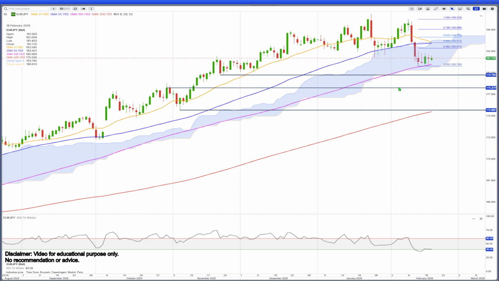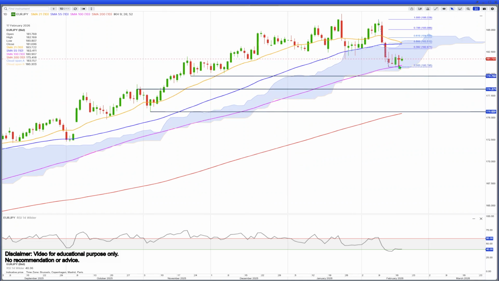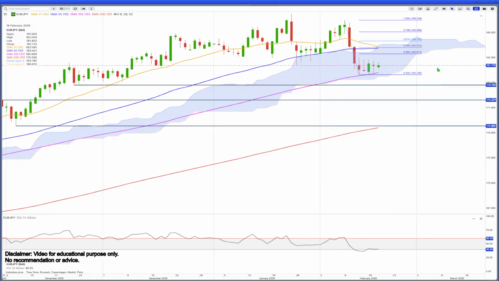Euro yen bouncing from the 100 moving average again, tested it yesterday, and we should see it bounce higher to 182.87, maybe a little bit higher, 183.5, maybe even up to 184.